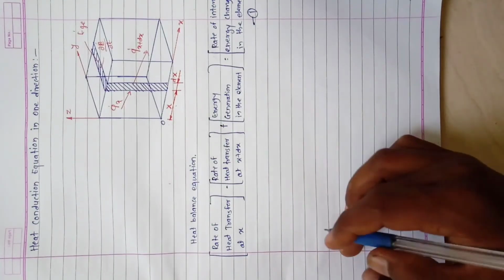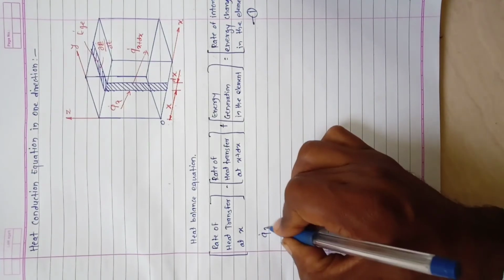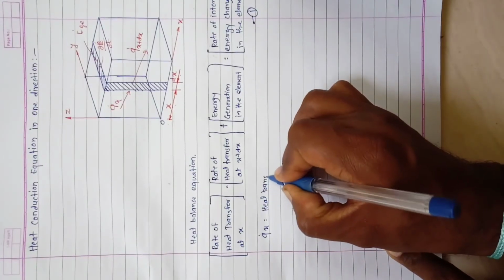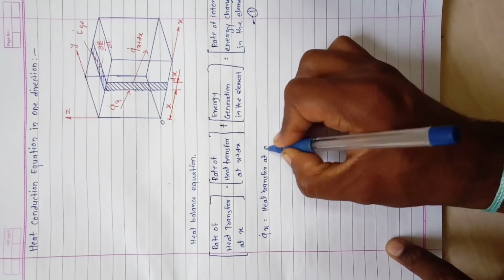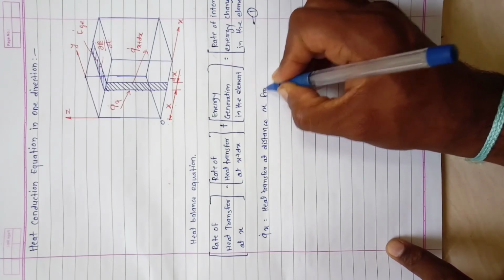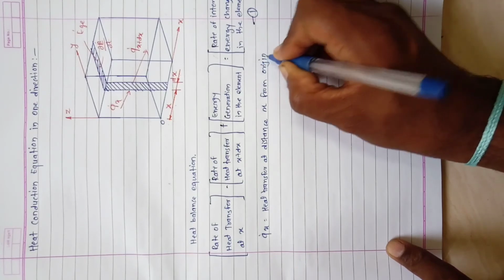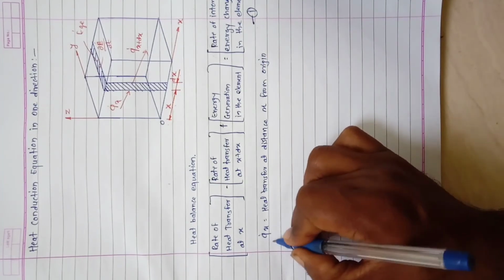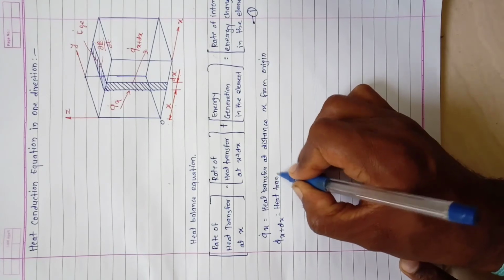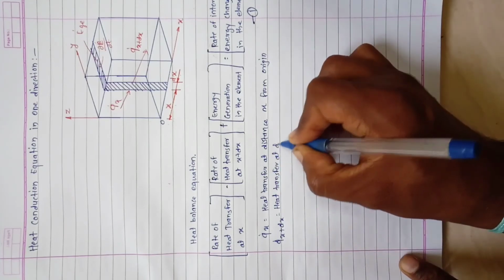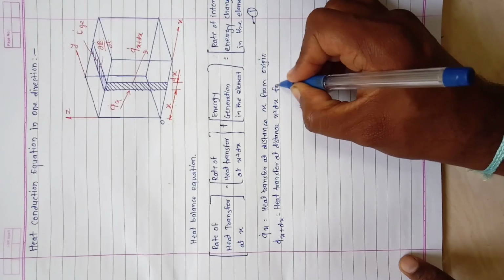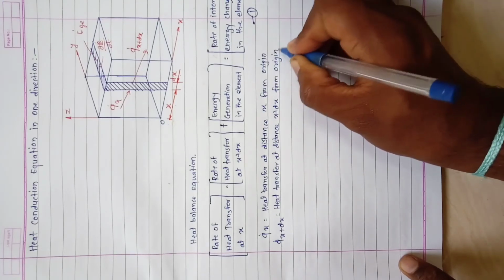From the diagram we have seen, q dot x is the heat transfer at distance x from the origin, and q dot x plus dx is the heat transfer at distance x plus dx from the origin.